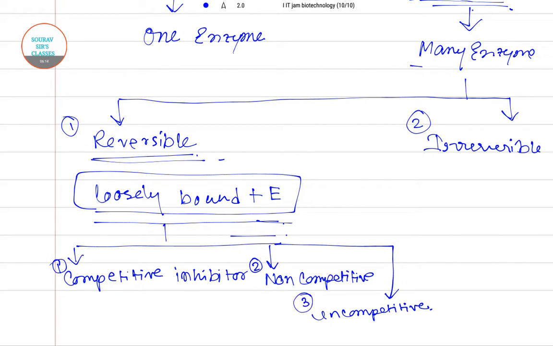These are the three types of reversible, non-specific inhibitors.